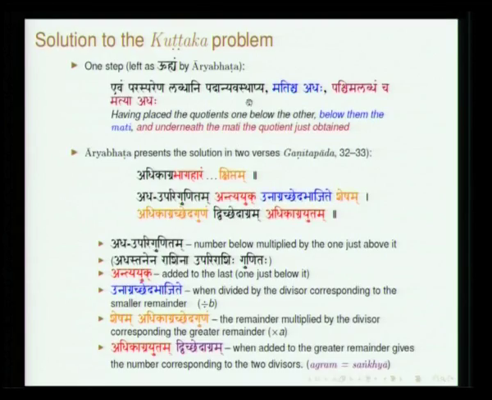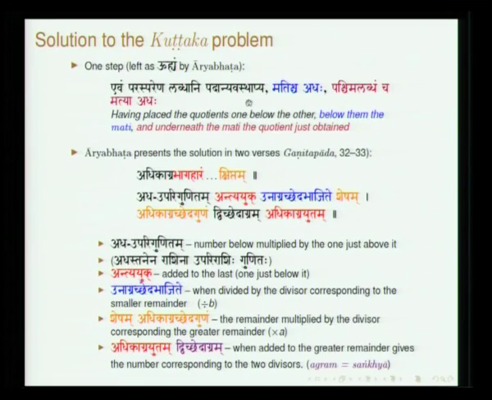So, uhyam means to be guessed. So, evam parasparena labdhani. Okay. If you divide, you will get a set of quotients, labdhani, padani avasthapya. So, you have to arrange them in a particular way. This has not been stated in the verse. That is why the commentator states something has to be uhyam, means you have to make a guess. So, padani avasthapya matischa adhaha.